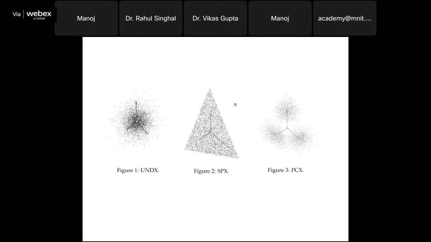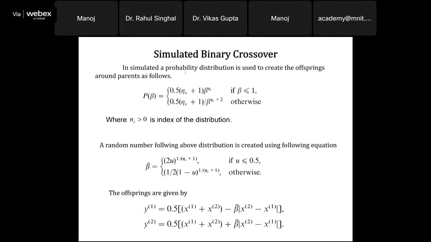The simulated binary crossover was one such approach where a new distribution for modeling the extent of solutions, or generating solutions, was defined. So this is the probability distribution.